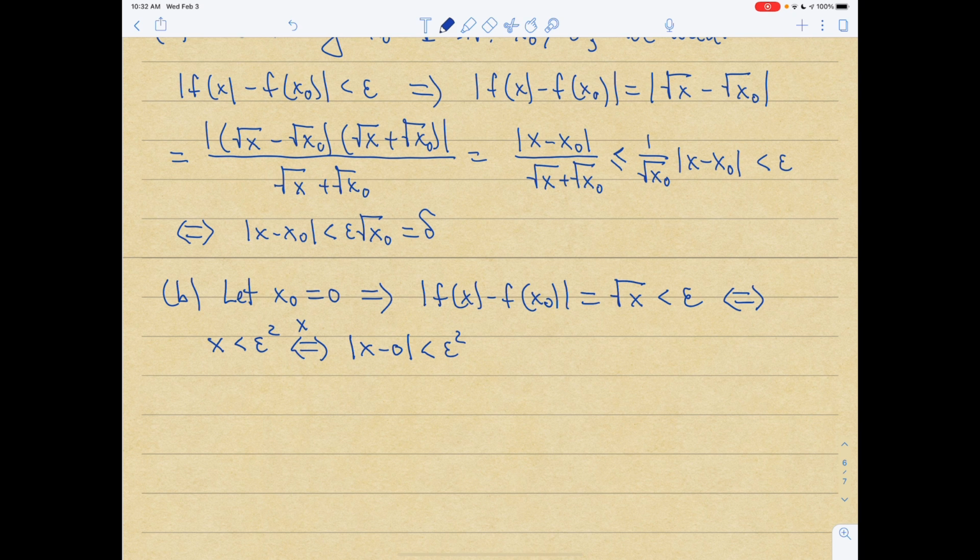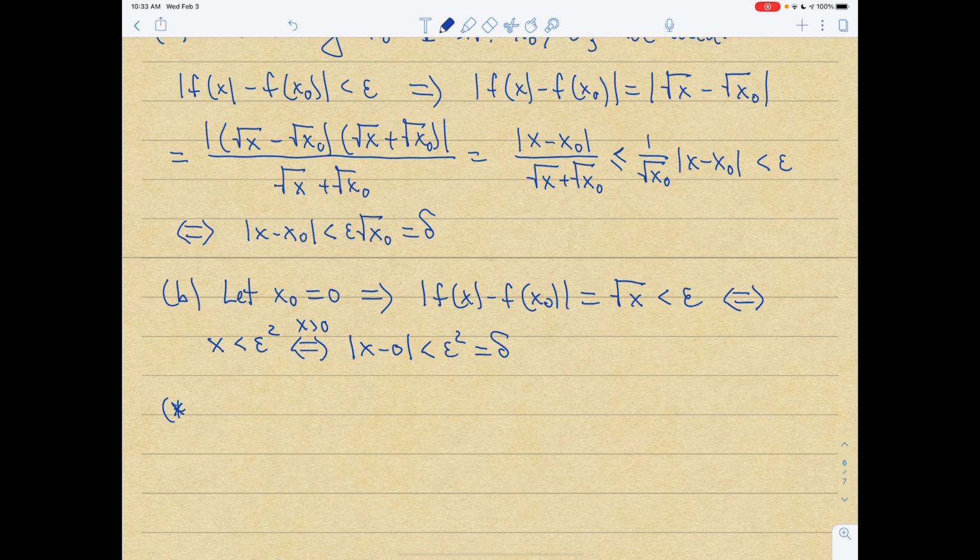Because x is a positive number, I can insert an absolute value sign here without any change. All right, and then what is my delta? Delta should be epsilon squared. All right, so that proves that the function is also continuous at 0.